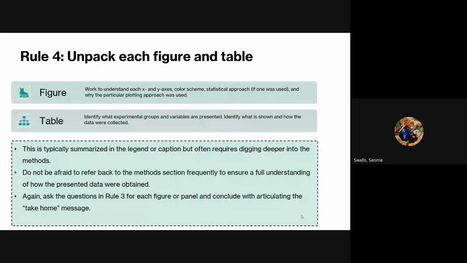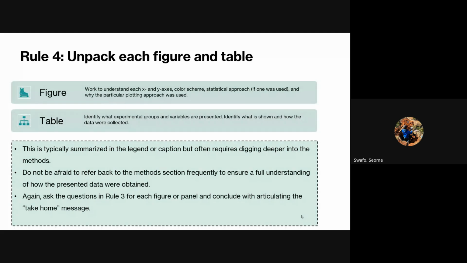You cannot understand the figure or table better without continually revisiting the method. So remember that with whatever figure or table, in as much as the figure can have a lot of bars and a lot of other things, there has to be a take-home message from that figure.